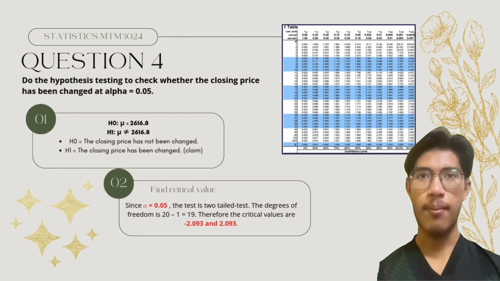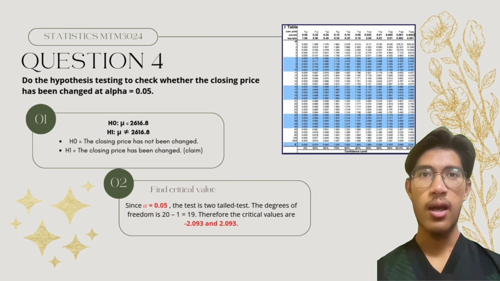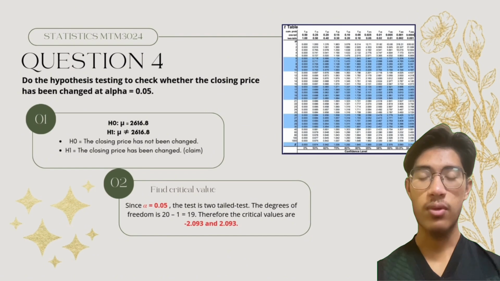For the third step, we find the critical value from the table for alpha equal to 0.05 and degree of freedom equal to 19, because degree of freedom is n minus 1 and the sample size is 20. From the table we got the values negative 2.093 and 2.093.